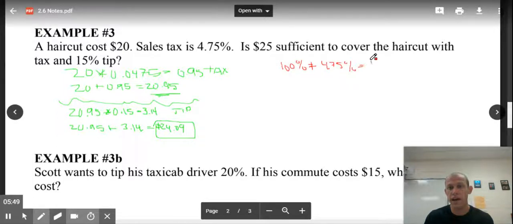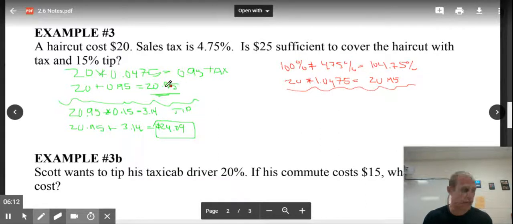So I will have to pay 104.75% of the amount that's listed. I will take 20 times 1.0475, which will give me 20.95. That's the same number I get over here. Now, for the tip, I have a new 100%.